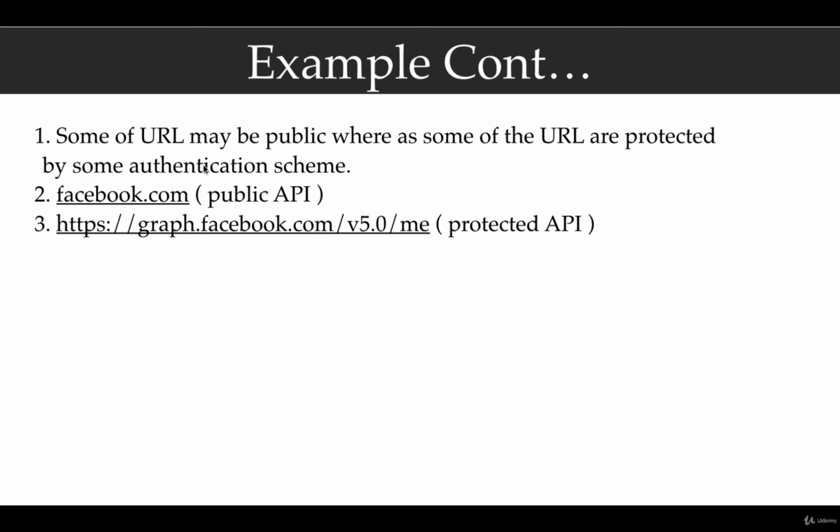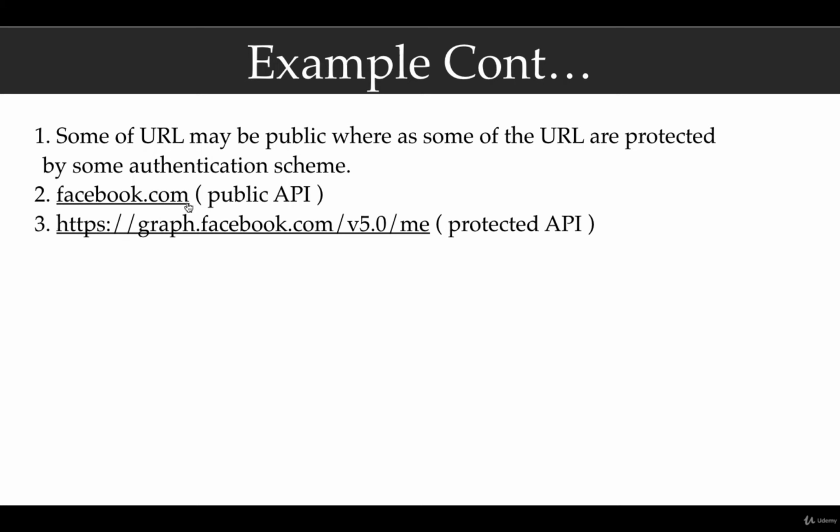You can hit that URL, you will get the response, you will see an awesome UI there. You can create your account, and if you have an account, you can provide your credentials and get into the system. And private or protected URLs require some kind of authentication scheme. Those authentication schemes we are going to discuss in the coming lectures.